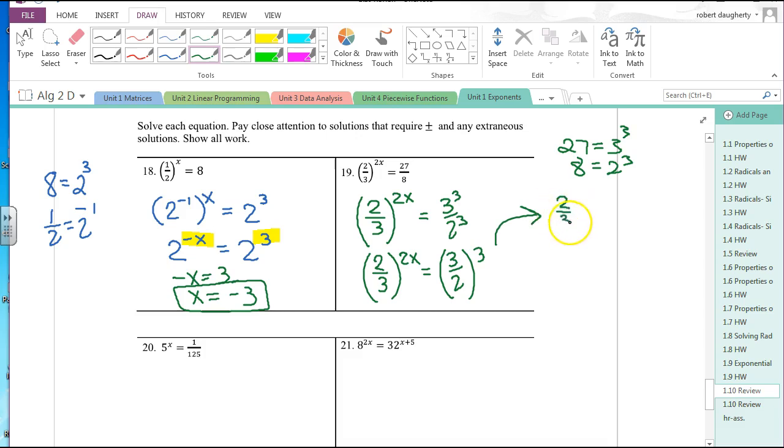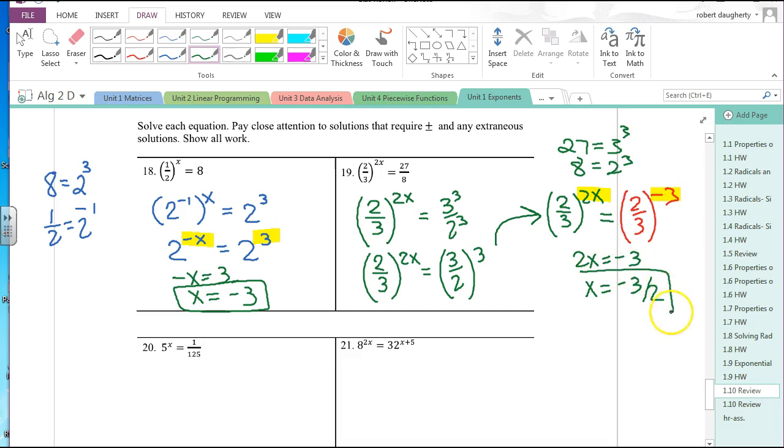So 2/3 to the 2x is equal to, and if I flip this, this is 2/3 to the -3, okay? So I changed that 3 halves to 2/3, and I had to change the exponent. Now I've got the same number on both sides raised to a power. These exponents must be equal. So 2x equals -3, which means x equals -3 halves.